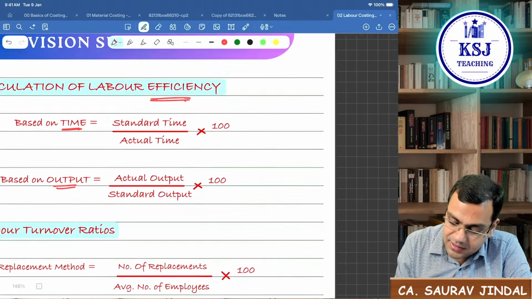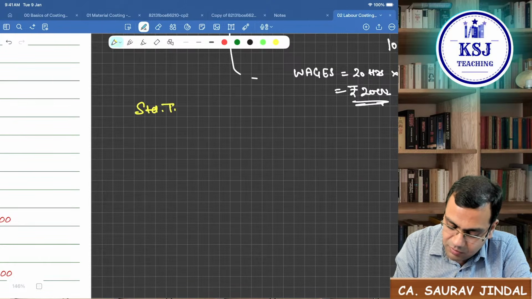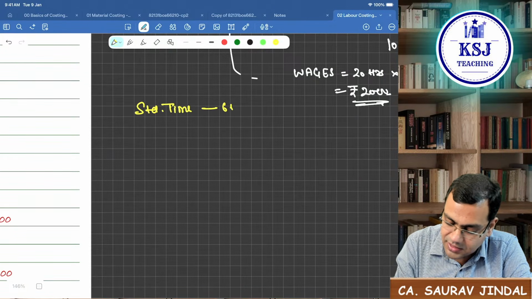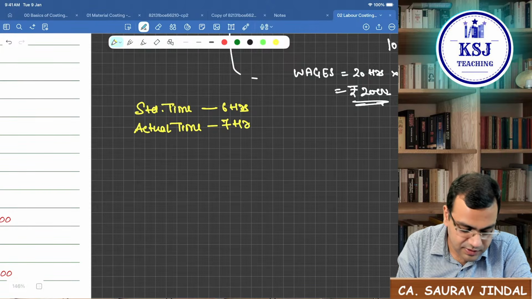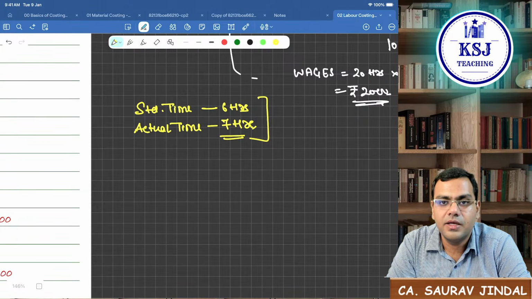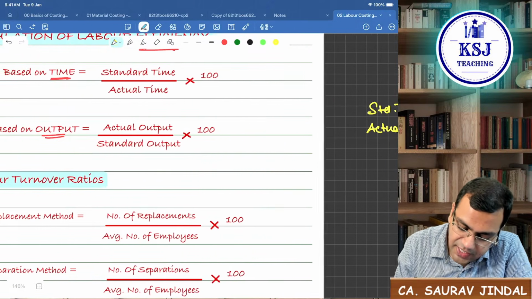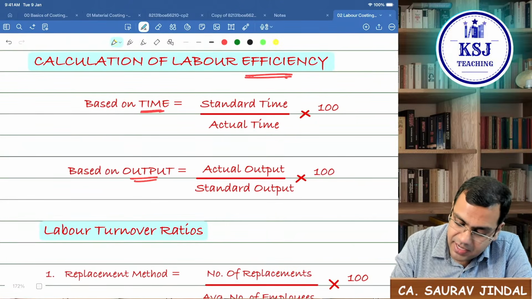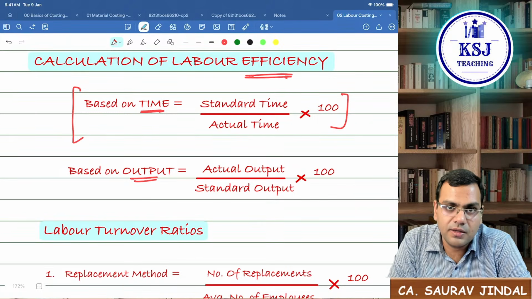The time says that you are giving a standard time to manufacture a unit, that is 6 hours, but the worker is taking the actual time of 7 hours. So will you say the worker is efficient? No, the worker is not efficient. So in this case, how do we calculate? Standard time divided by actual time into 100. This is based on time where we can judge the efficiency of the worker.